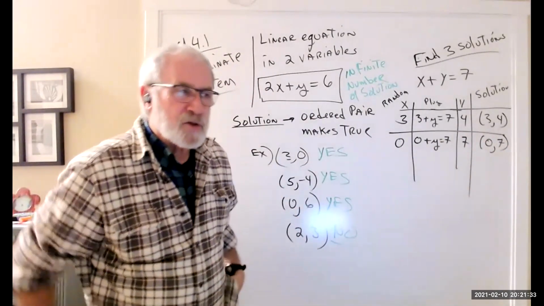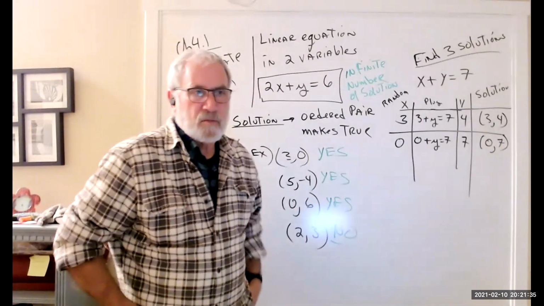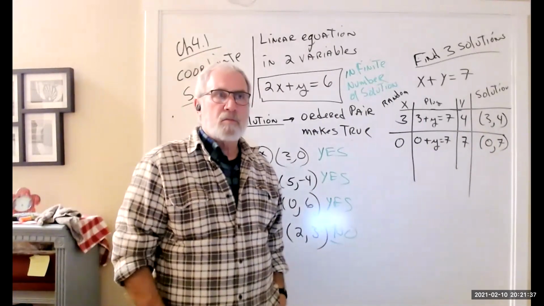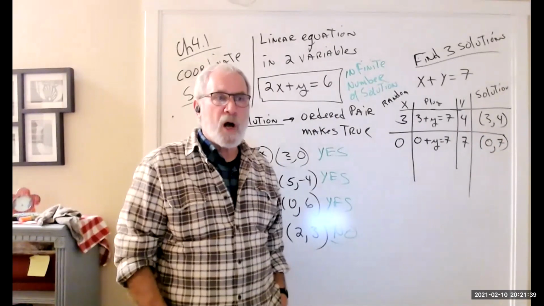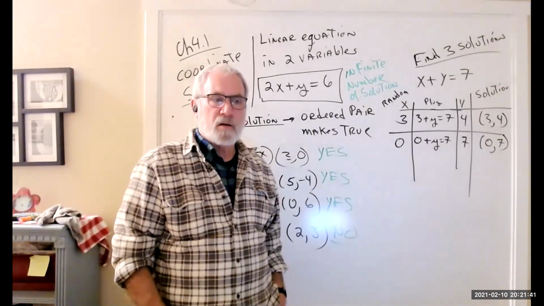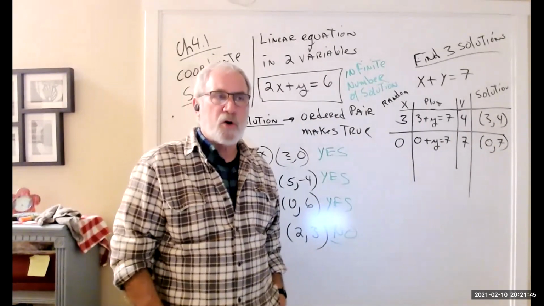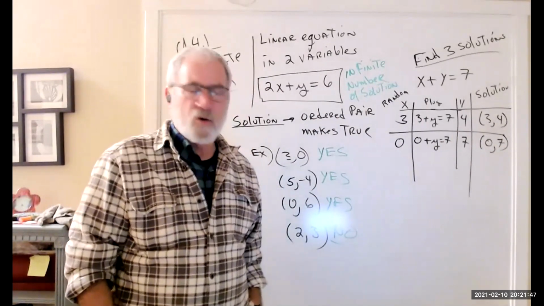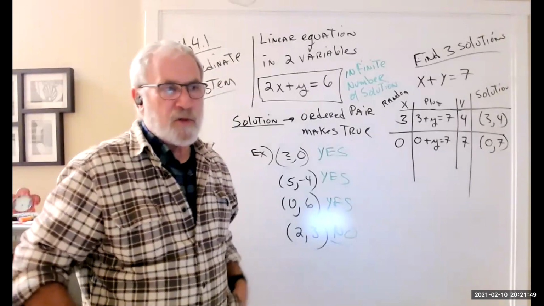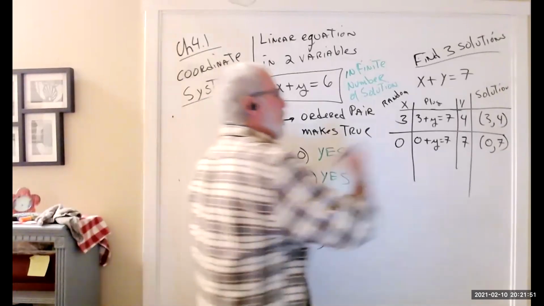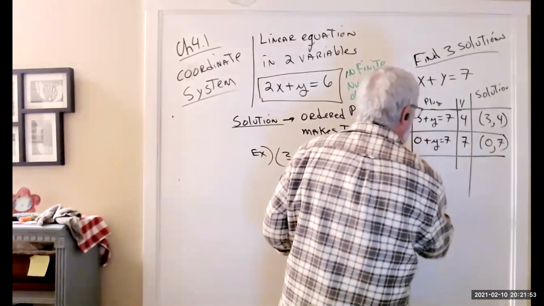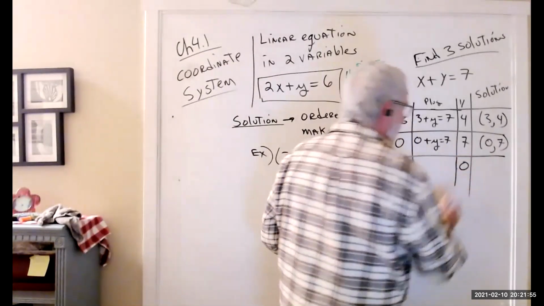Who says you have to start with X? Why can't you plug in for y? Think about that. Nobody ever said you had to start with x. So why can't we plug in 0 for y if we're going to be lazy?